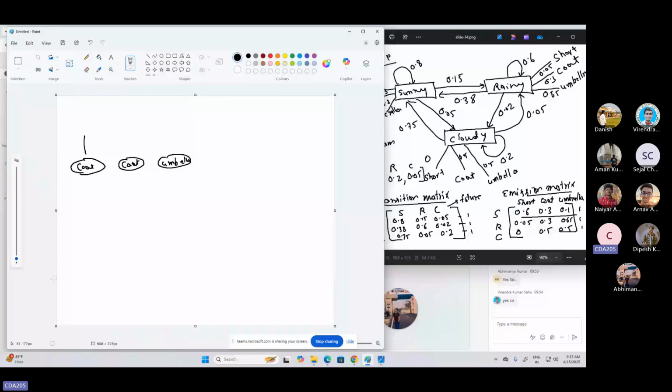Now can you tell me how many possibilities of the hidden state if this is the series of the observed state?